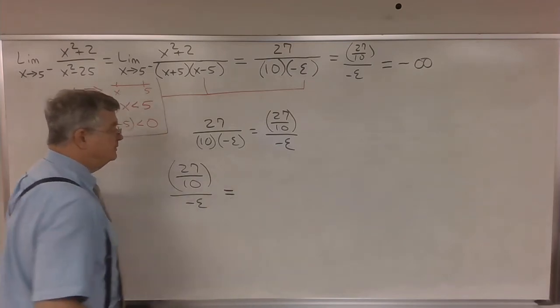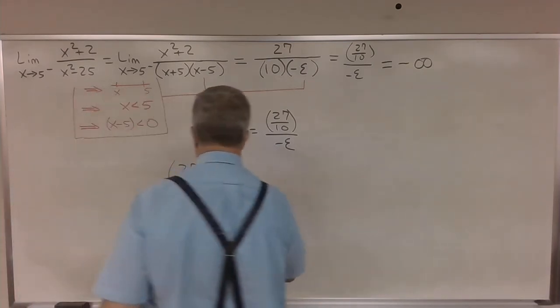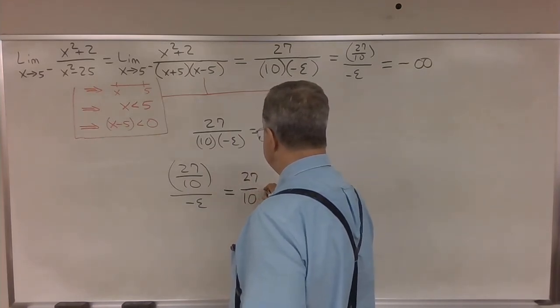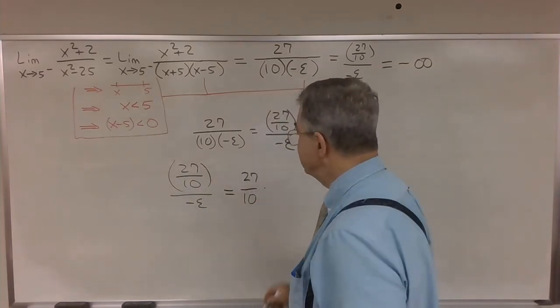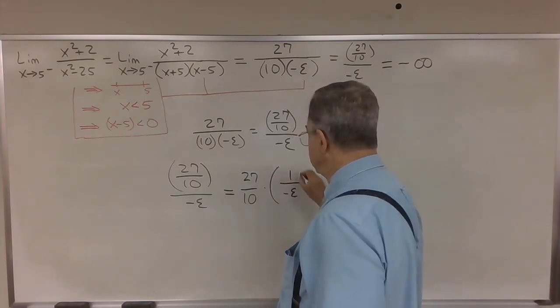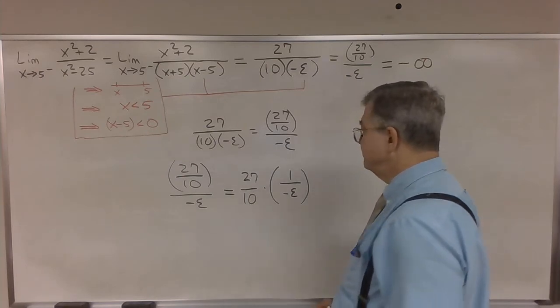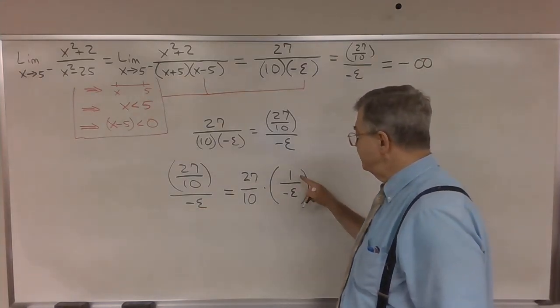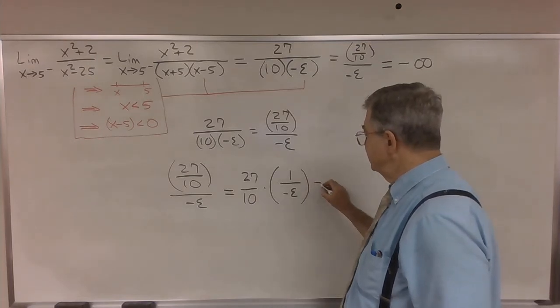So in other words, this is going to be 27 over 10 times the reciprocal of negative epsilon. See, dividing by negative epsilon, same thing as multiplying by its reciprocal.